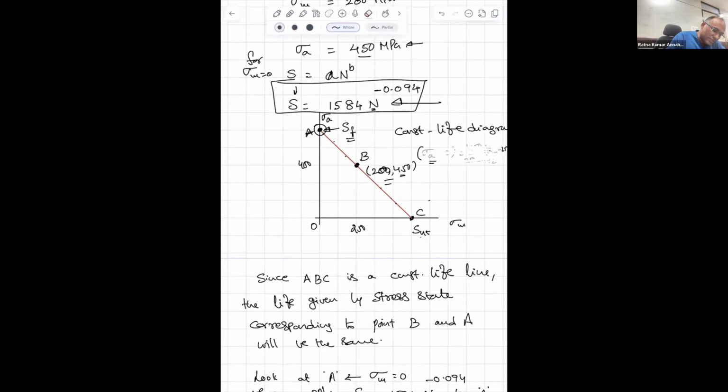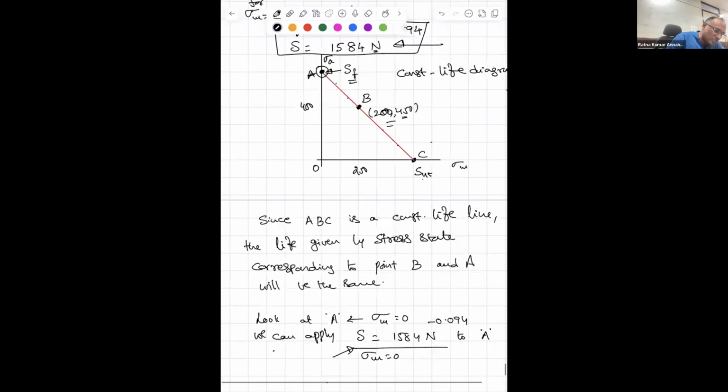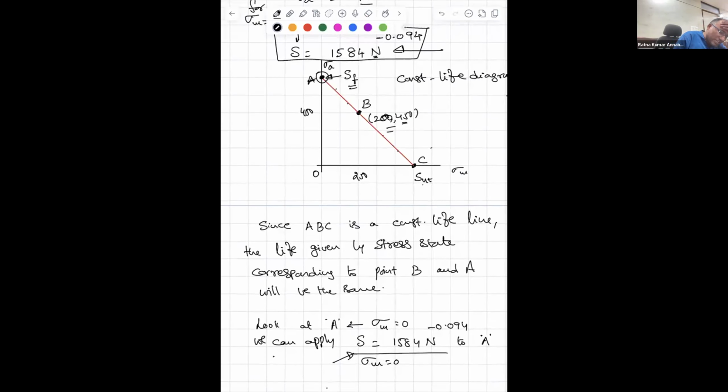So let me write that down clearly. I hope all of you are following. If there is anyone who is not following how I am writing these equations, you have to be very clear. So this is the equation of a line. X is sigma m, Y is sigma a. Y minus Y1, this point is 1172 comma 0.